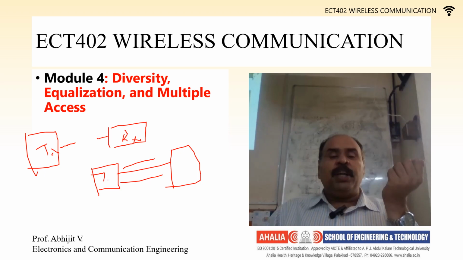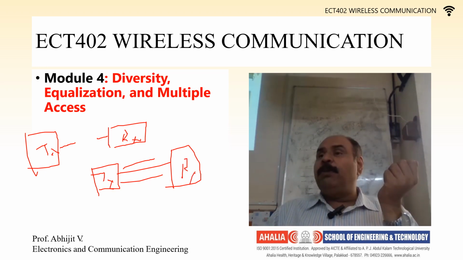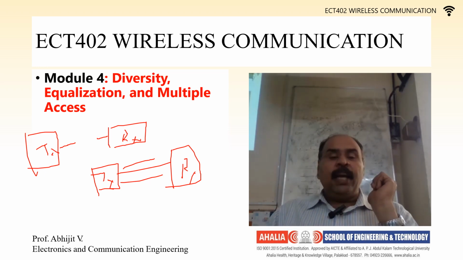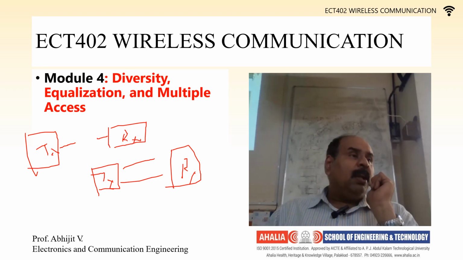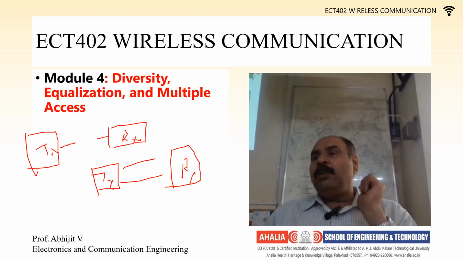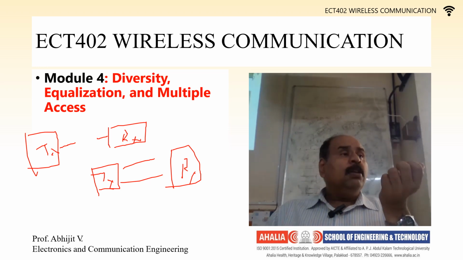From the transmitter to receiver, you are sending multiple copies, so that in case you miss out a single path, if this path is broken, still the communication system is not getting affected, so that we have multiple paths.